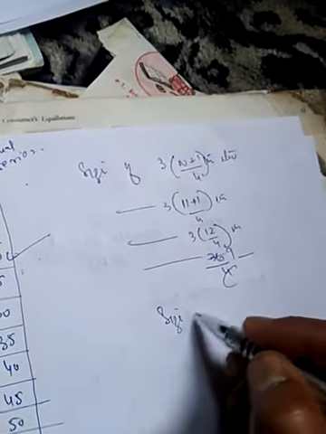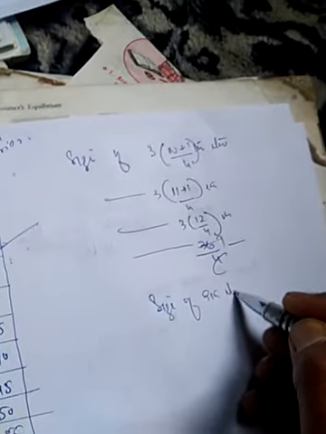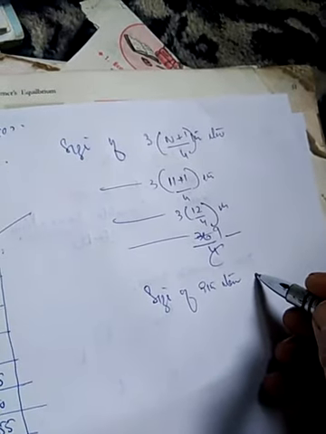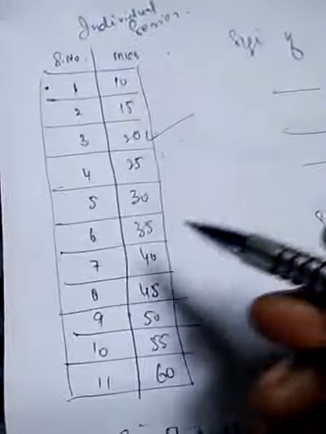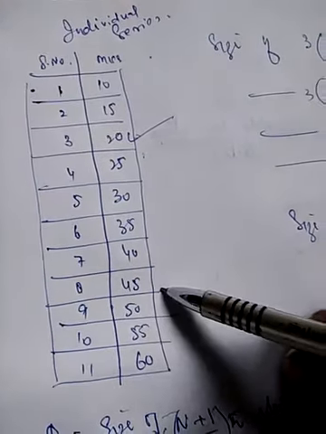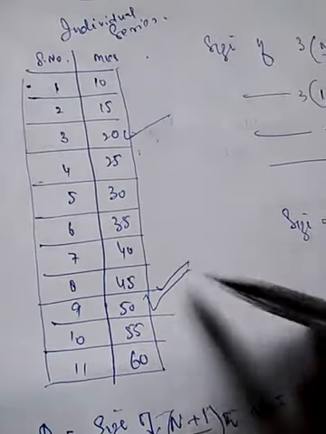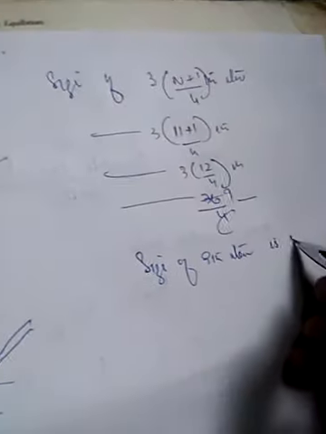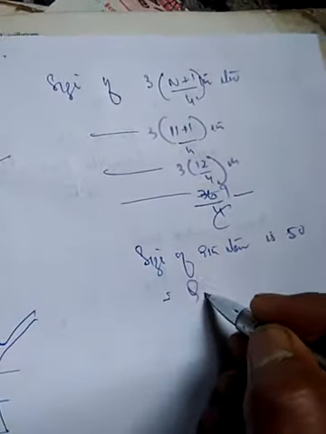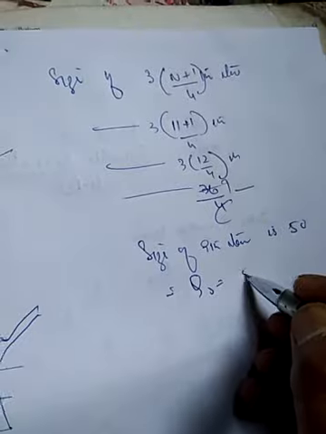Now you have to look for the size of 9th item in the series. Size of 9th item is, देख लीजिए, it is 50 here. Therefore, Q3 is equal to 50.